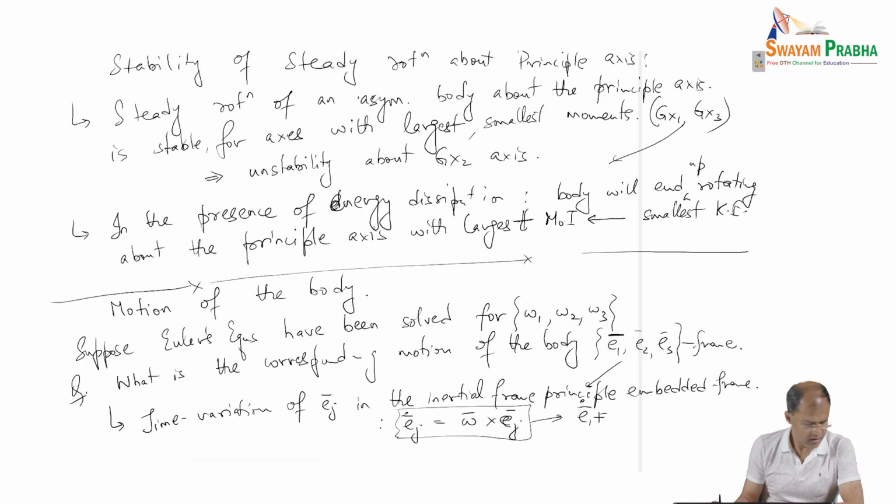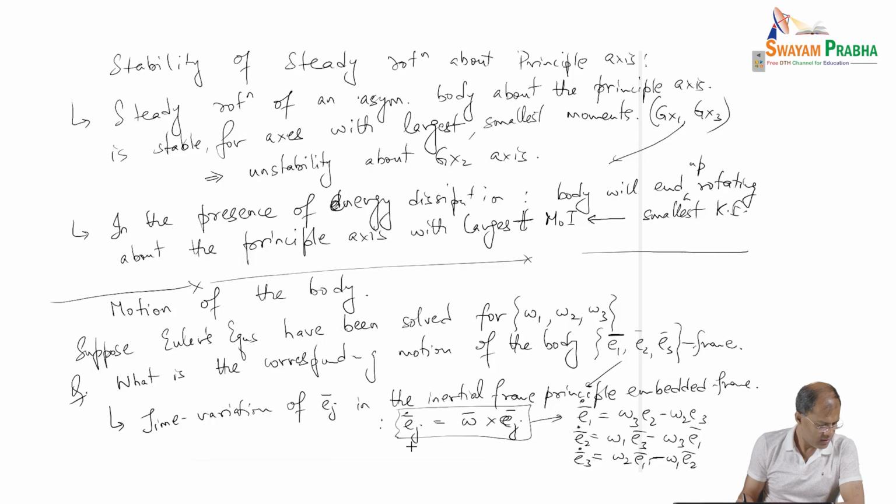E1 dot is omega 3 E2 minus omega 2 E3. E2 dot is omega 1 E3 minus omega 3 E1, and E3 dot is omega 2 E1 minus omega 1 E2, right?